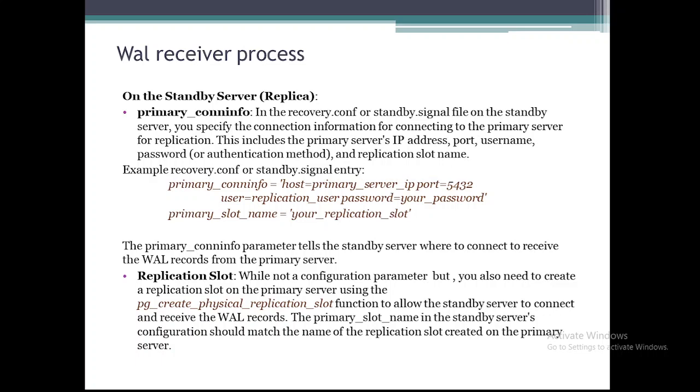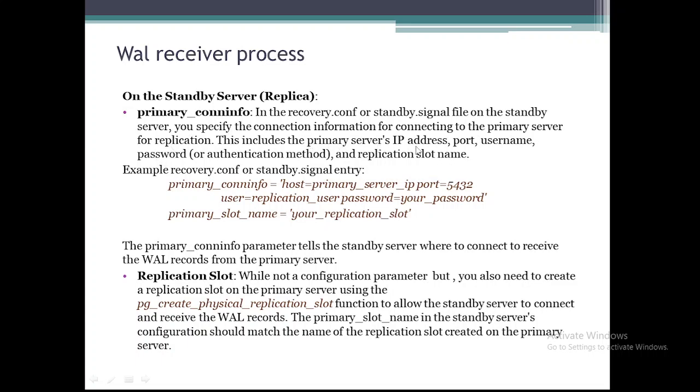What is the WAL receiver process? This is on the standby server. On the standby or replication server, there are a few parameters which enable the WAL receiver process. One is primary_conninfo. In the recovery.conf or standby.signal file on the standby server, you can specify connection information for connecting to the primary server for replication.